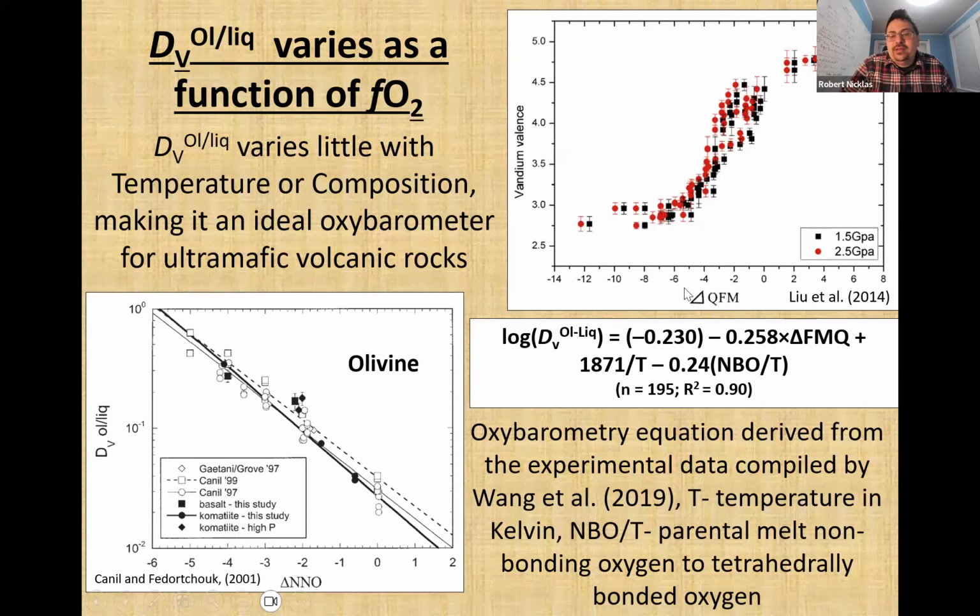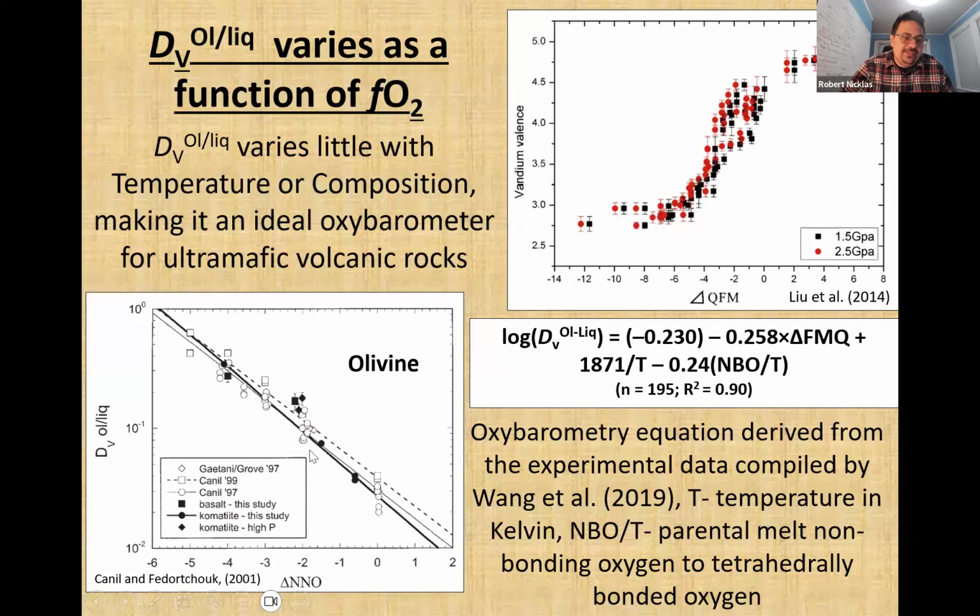Why does this work? Unlike iron, which in terrestrial lavas is only +2 or +3, vanadium in lavas varies all the way from +2 to +5. But right here, around QFM -2 to +2, it's varying between 3, 4 and 5. So in this region, vanadium goes to higher valence as oxygen fugacity increases, and lower valences of vanadium, namely +2 and +3, are much more strongly compatible in olivine than +4 or +5.